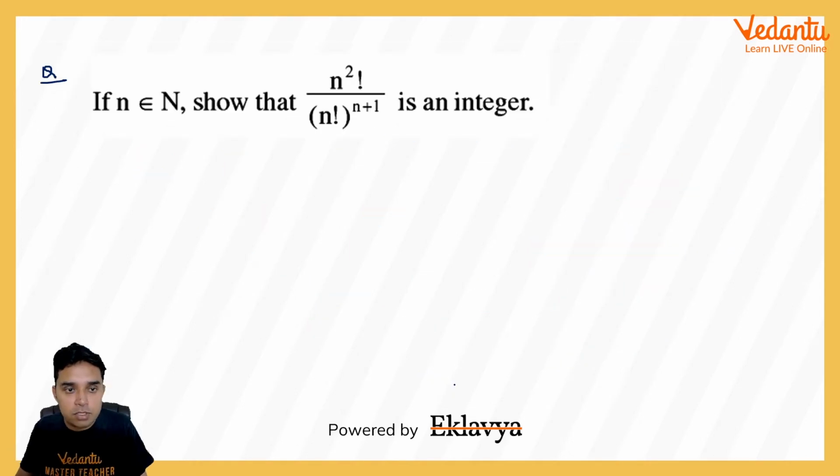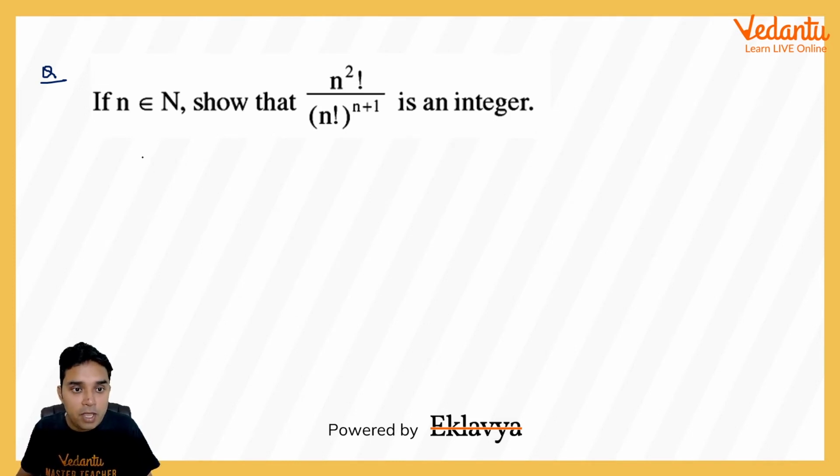Coming to the next question, please see. This question says n belongs to natural numbers. We have to prove that n square factorial upon n factorial into n factorial power n plus 1 is an integer.